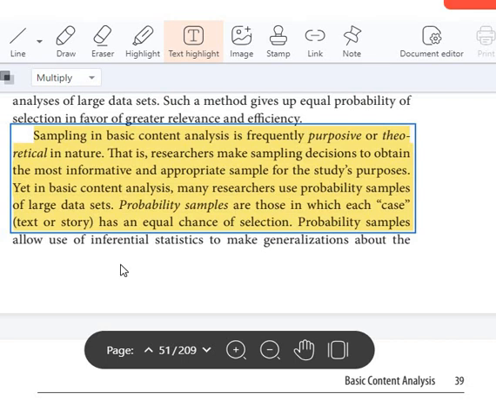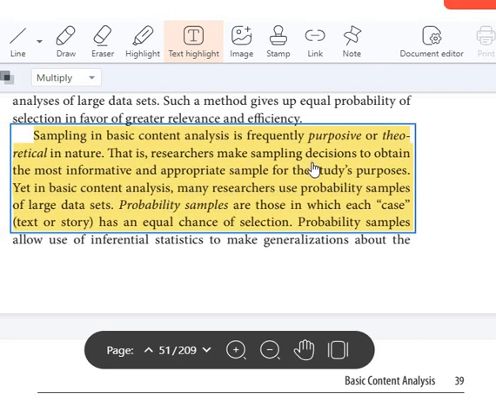We all know that the purposive ones are the best, but the limitation is that you cannot generalize the results or the findings of your study if you use the purposive ones. That's why it is important to use the probability sampling methods, because they are the best, since the results can be generalized over to the whole population.